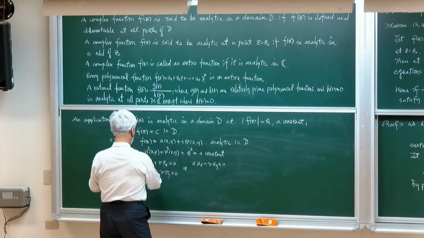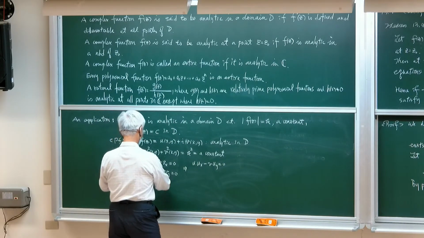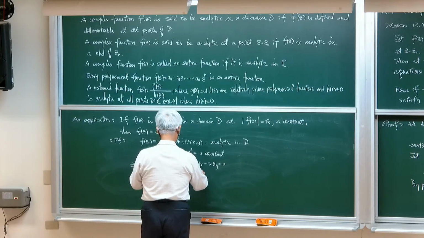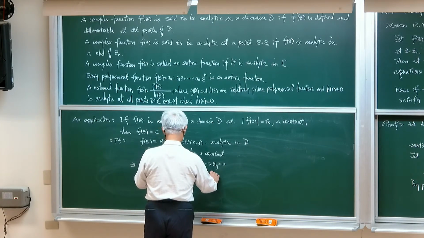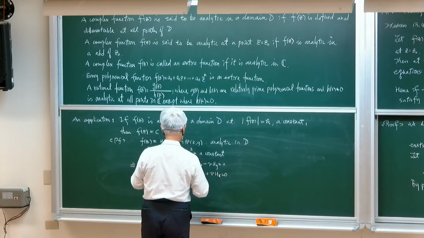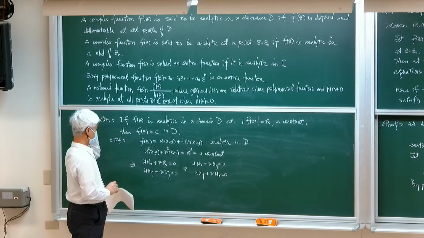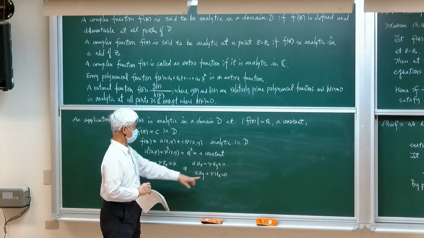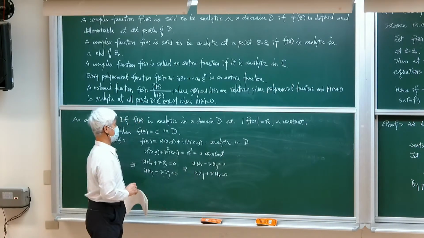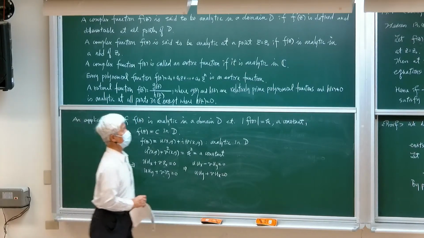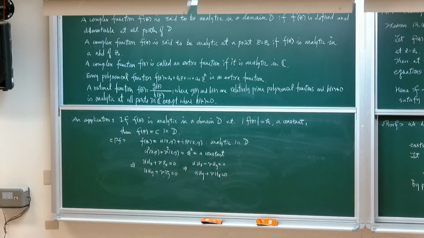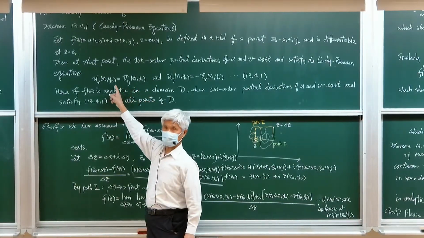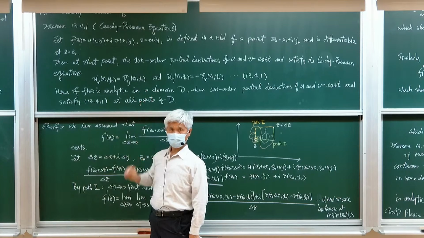And for this one we have u u_y plus v u_x equal to 0, because v_y is equal to u_x. This is from the Cauchy-Riemann equations.